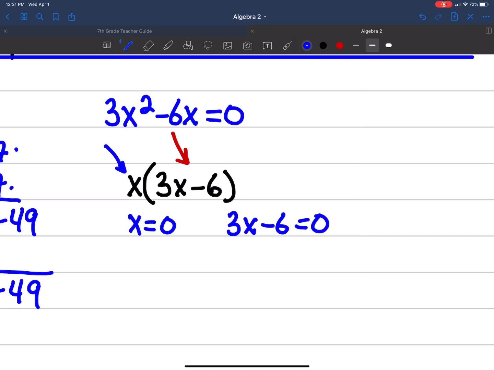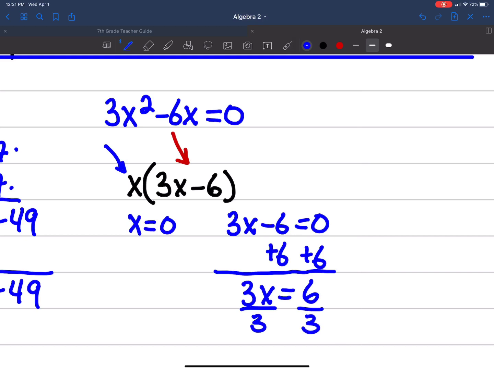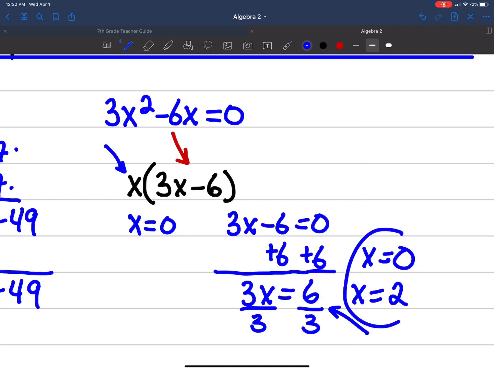And then I'm going to solve for x in this one. All right, 3x equals 6. Divide by 3. X is equal to what, people? Yes, it's equal to 2 because we can simplify that fraction right there. And so my answers are these two here. Great. All right, so that's easy.